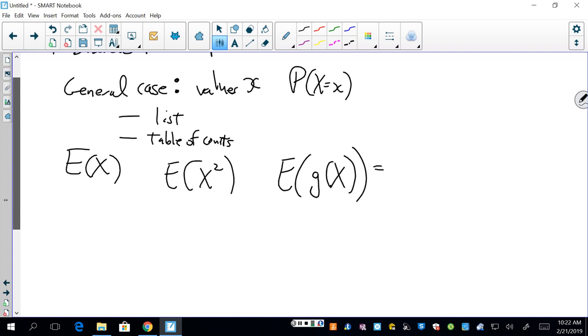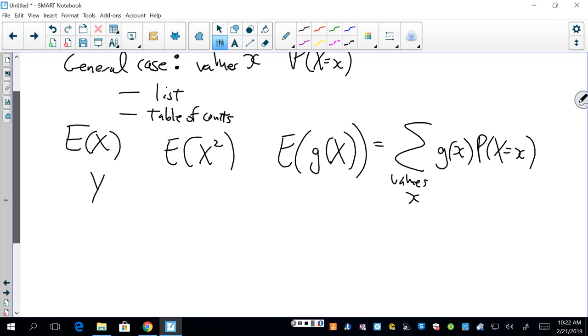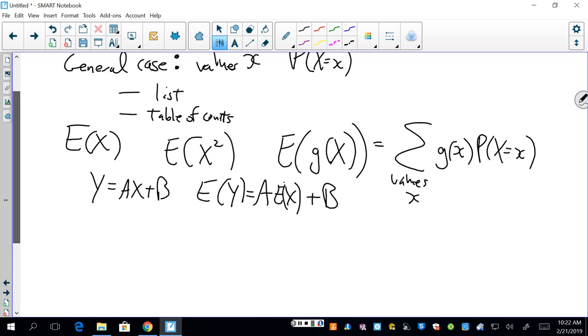And so it's a sum over all the values we can have of the function evaluated at those particular values, right, times the probabilities. And if it's linear, if y equals ax plus b, then we got that the expectation of y was just that function applied to the expectation. It worked out very nicely.